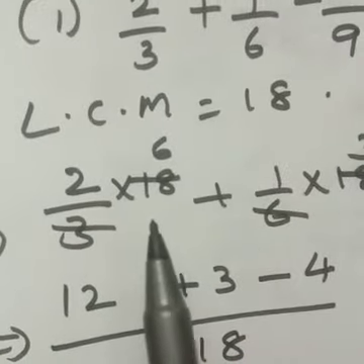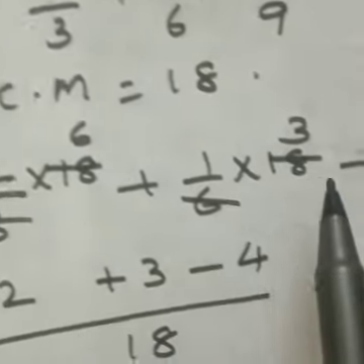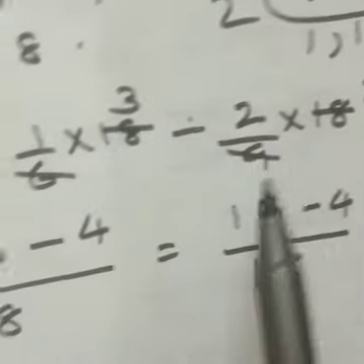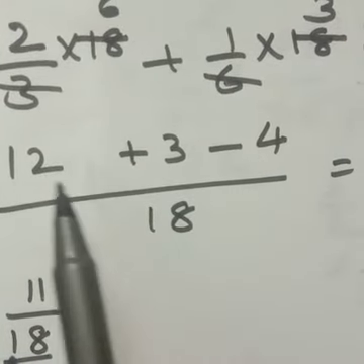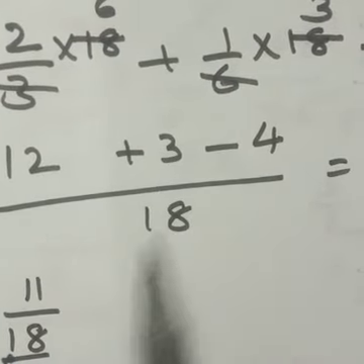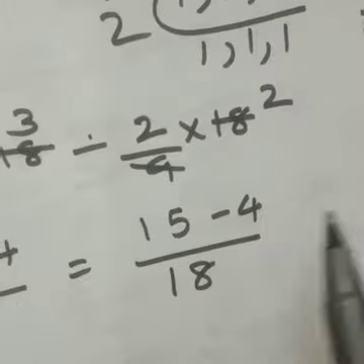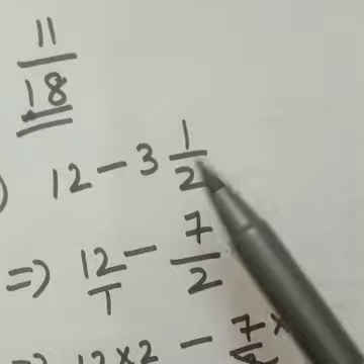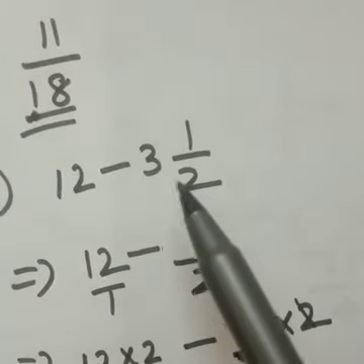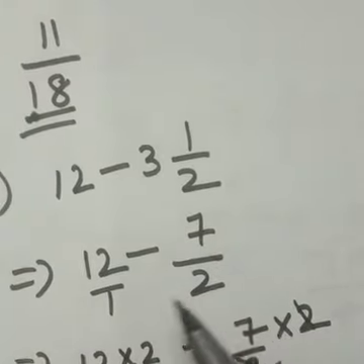18. With the LCM you have to multiply each fraction. Okay, after that cutting, you are getting 12 plus 3 minus 4, 12 plus 3 is 15, 15 minus 4 is 11 by 18. Next is 12 minus 3 and 1 by 2. 12 meaning 12 by 1, 3 2s are 6 plus 1, 7 by 2.